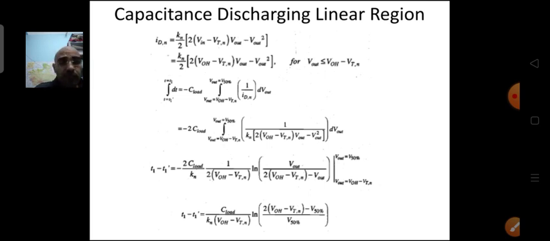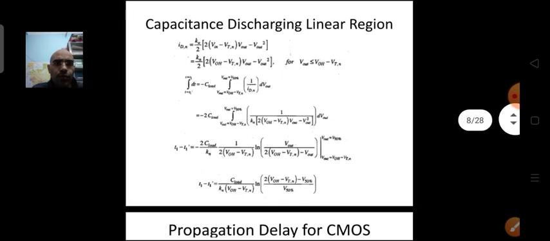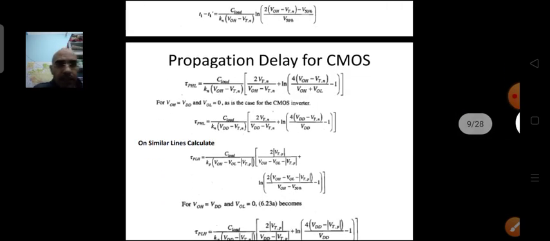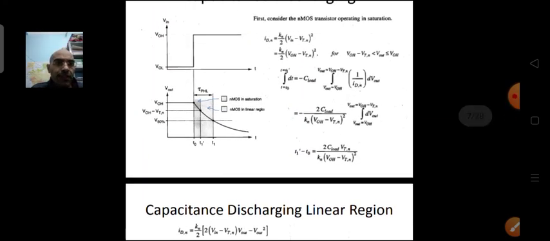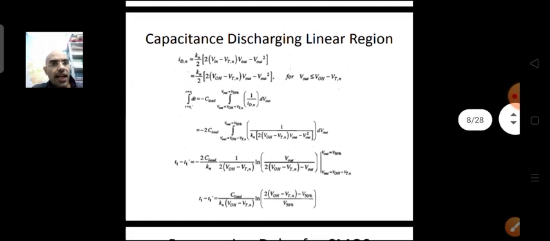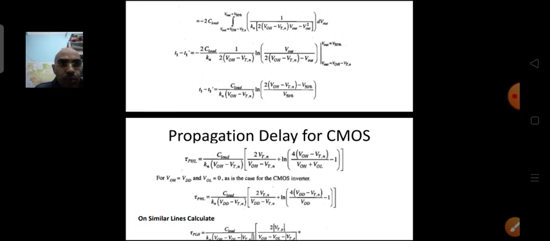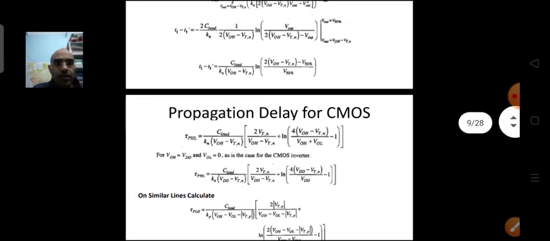Now to find the total propagation delay tau PHL, what we have to do is sum them up. Tau PHL is nothing but the sum of the previous two equations: T1' minus T0, which we determined, and T1 minus T1'. If you sum them up together, you can see from this equation how it becomes.